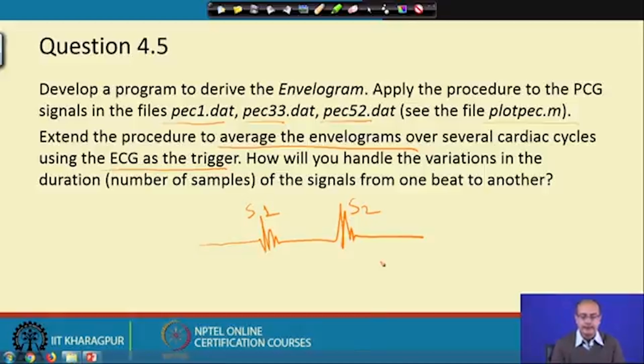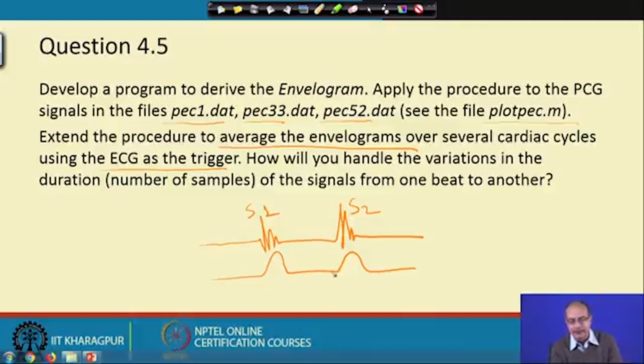And as we are doing the averaging, the envelogram will be like, one peak could be here, another peak could be here. It will be very much dependent on the position. So, for the averaging, just like synchronous averaging, we need to have a reference to align them.